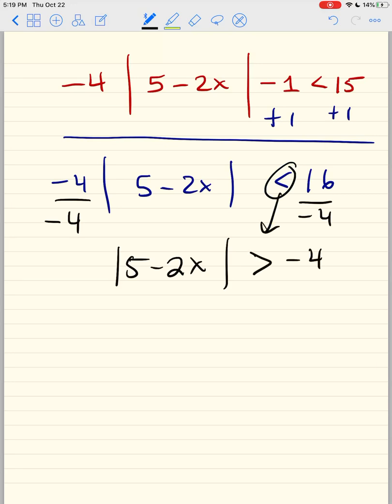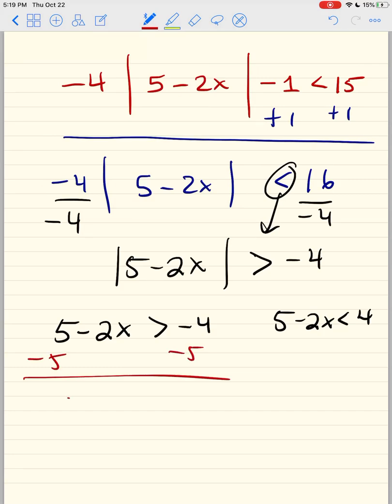I'm not going to explain why because I'm just showing you in this video how to do it. Now, you're done here. So now you're going to go 5 minus 2x is greater than negative 4. 5 minus 2x is less than positive 4. Okay, so a couple of things are happening here. I'm going to minus 5. Negative 2x is greater than negative 9.